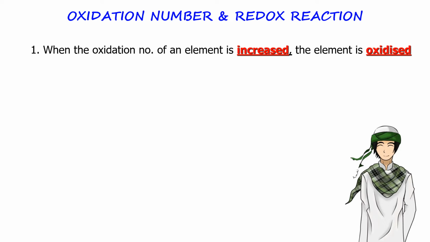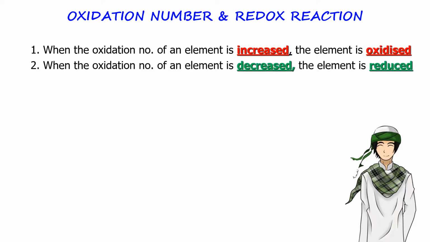As I mentioned once again, when the oxidation number of an element is increased, meaning that that element or substance undergoes the oxidation process. It is vice versa with the reduction reaction, so the oxidation number of that particular element is decreased.